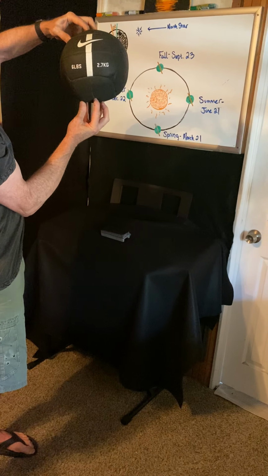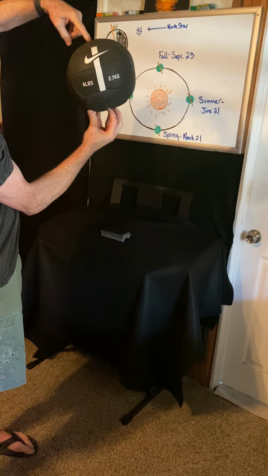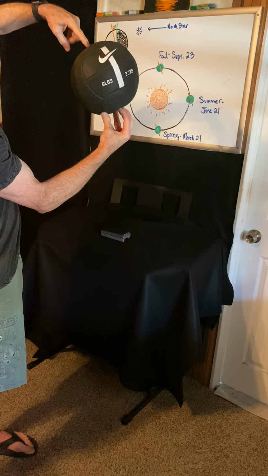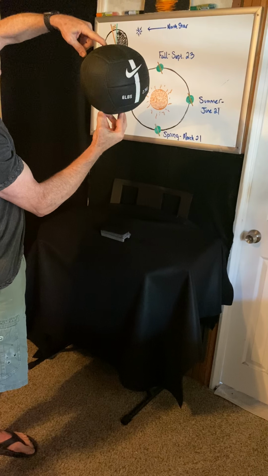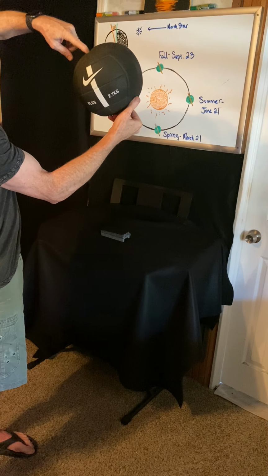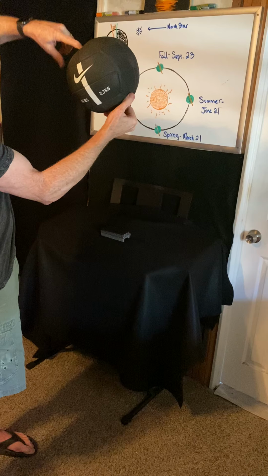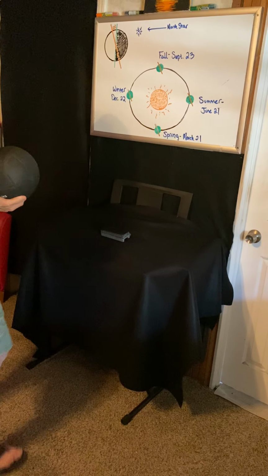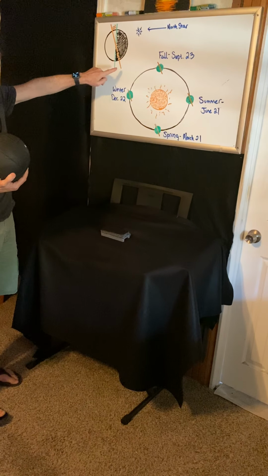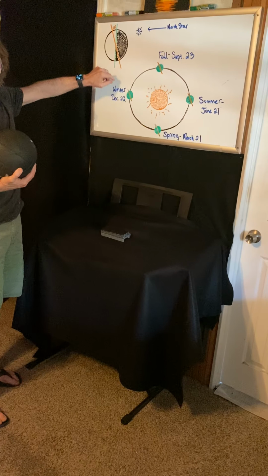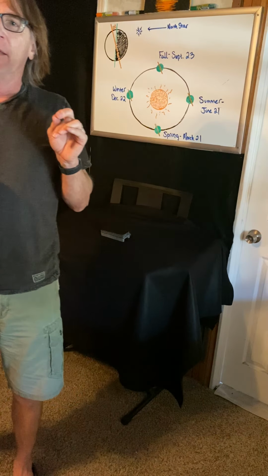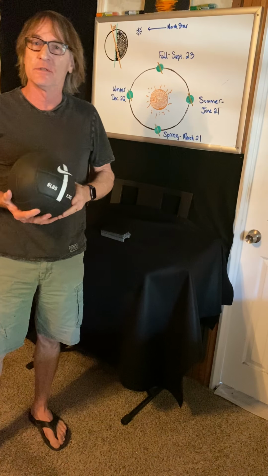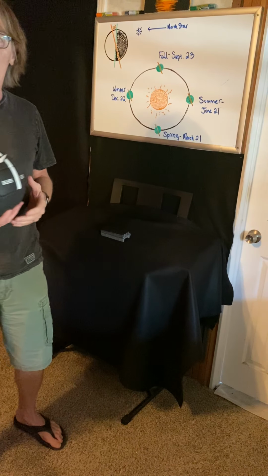So if the axis is here like this at 23.5 degrees, it turns like this all the way around until it gets back to facing the sun. You get the idea. It tilts on its axis at 23.5 degrees. So that's really important to know about, the tilting of the Earth's axis, because it has everything to do with seasons, really.